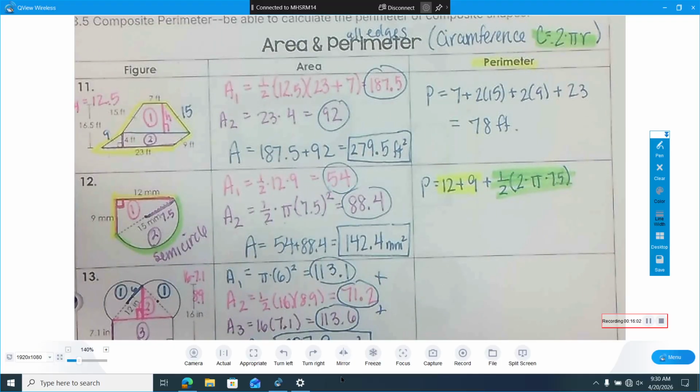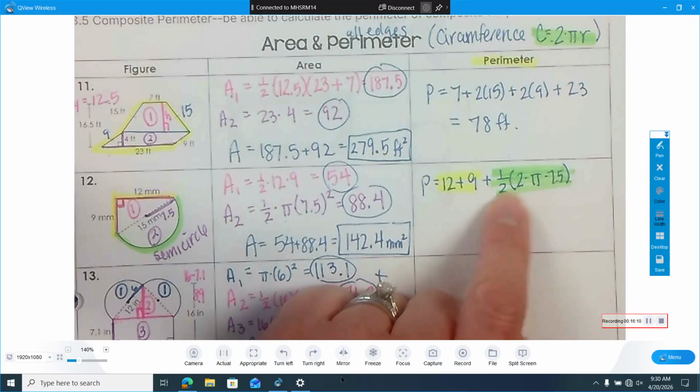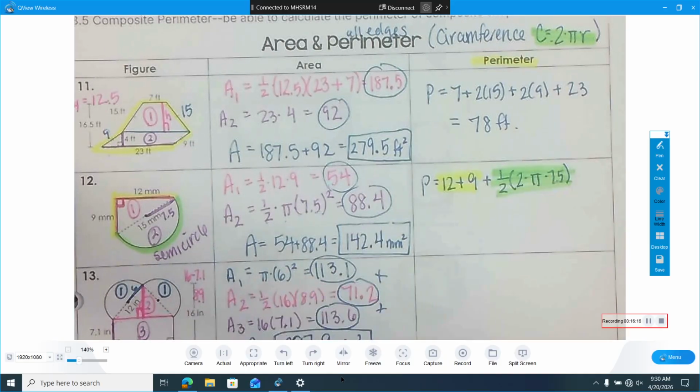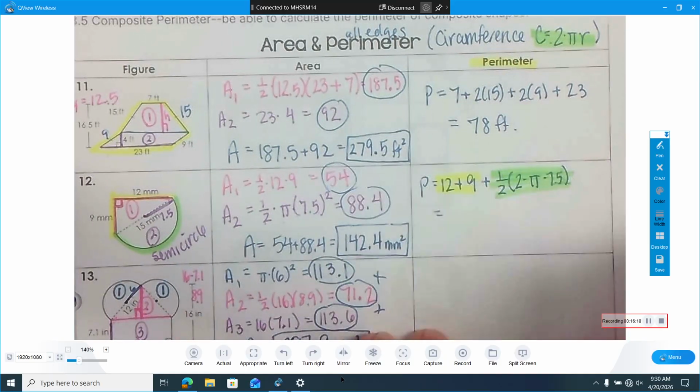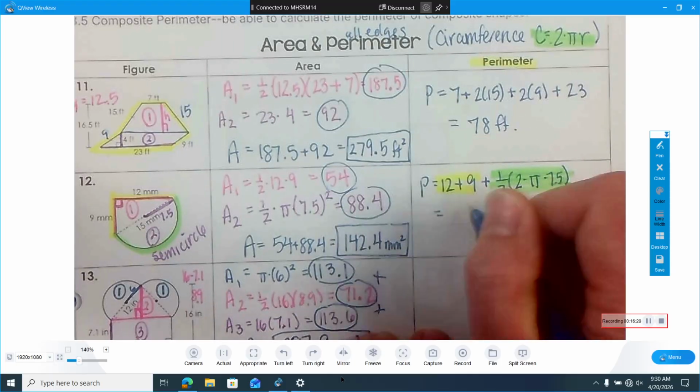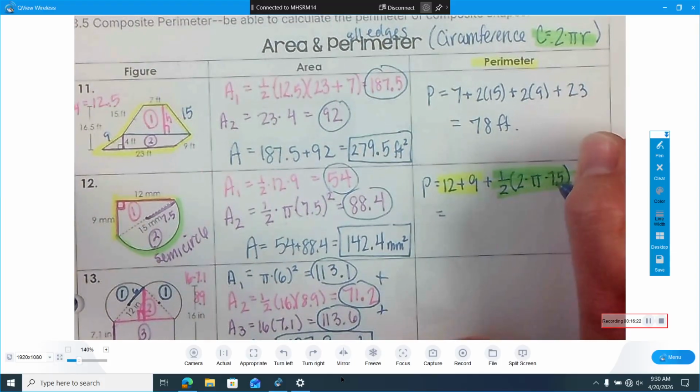Ladies, does anyone have any questions on that? What happens when I take half of 2? It's just 1. That cancels each other out, so you don't really need it. All right, so what do you get when you put this in your calculator? That's the 7.5.